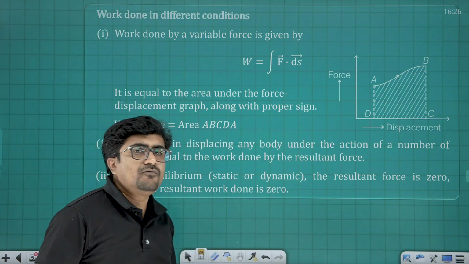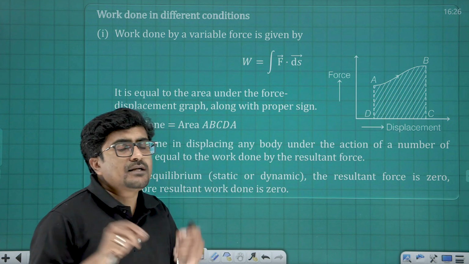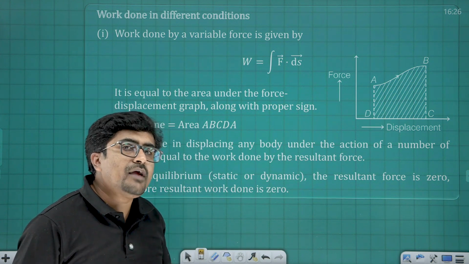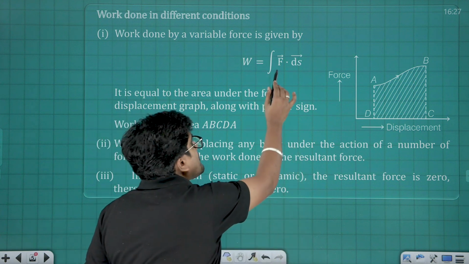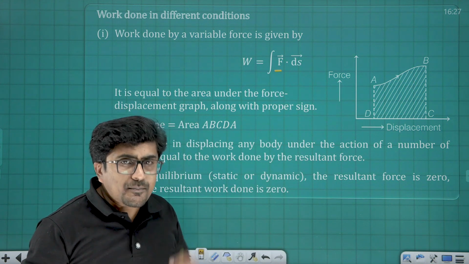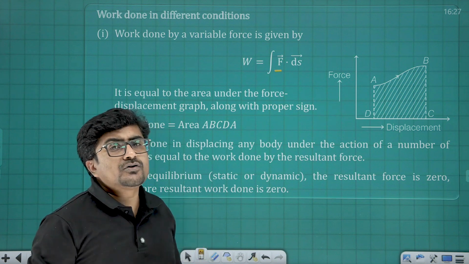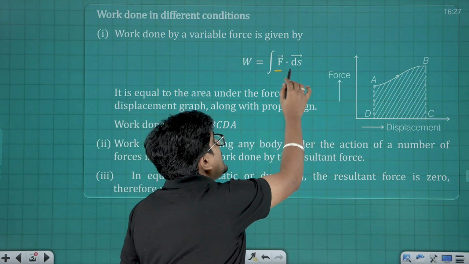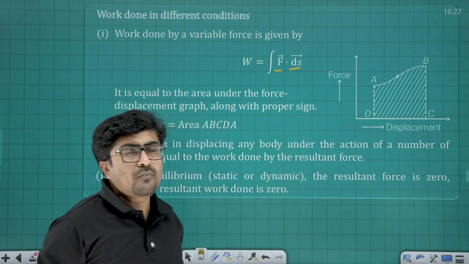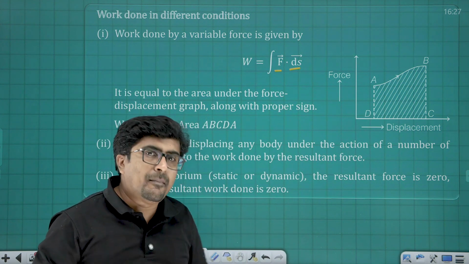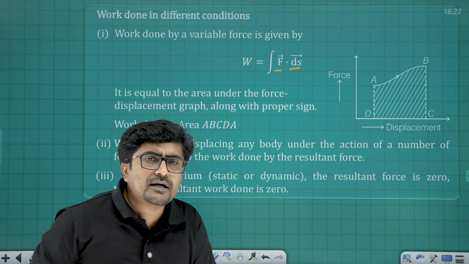In that condition, we will consider any particular instant, and for that instant we assume that F vector is the force. At that moment, because of that force acting on the body, let ds vector be the very small displacement.